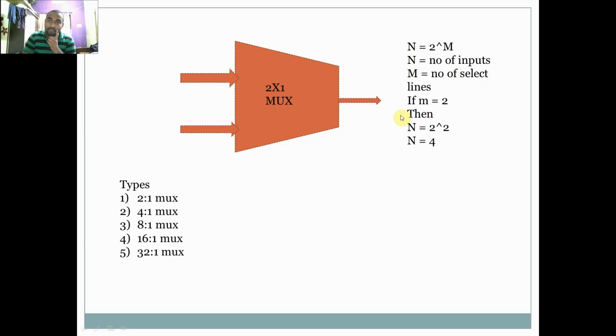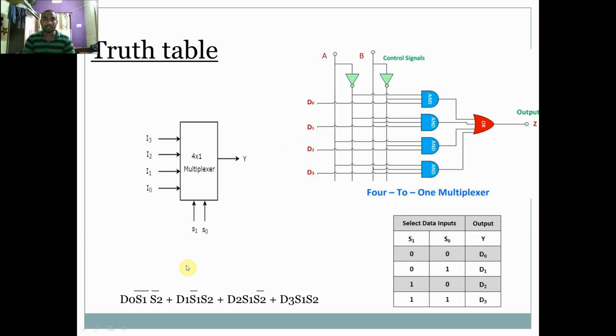For example, if m is equal to 2, then n is equal to 2 squared, which is 4, so it will be a 4 is to 1 multiplexer. The different types of multiplexer are 2 is to 1, 4 is to 1, 8 is to 1, 16 is to 1, and 32 is to 1.